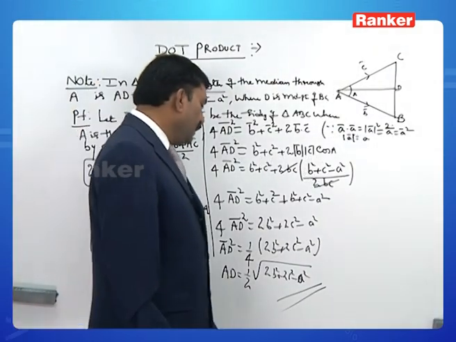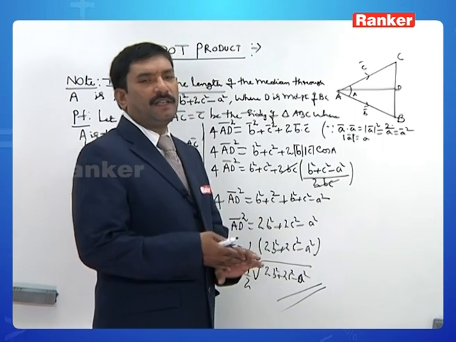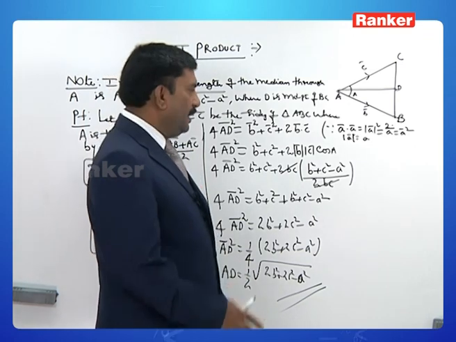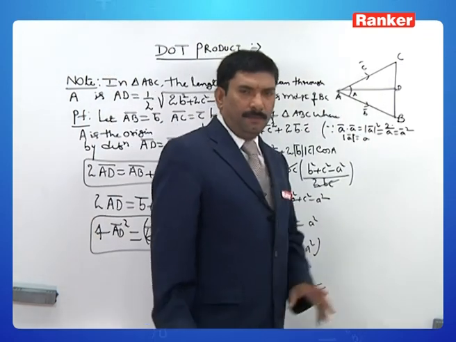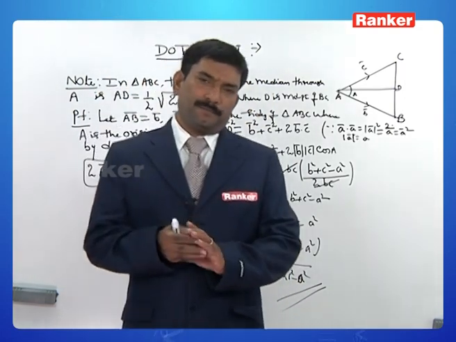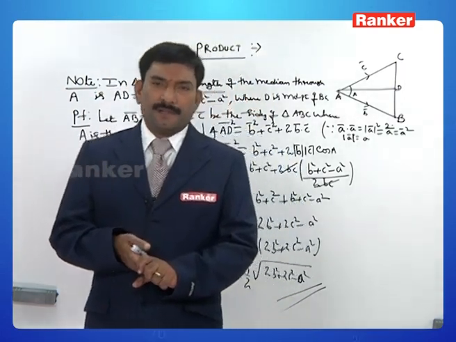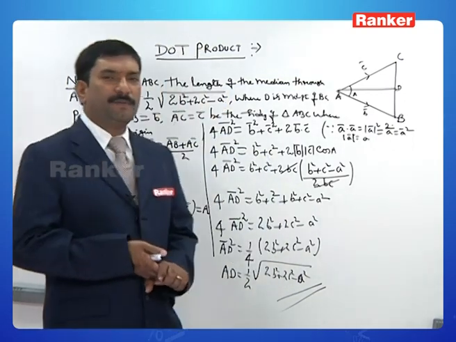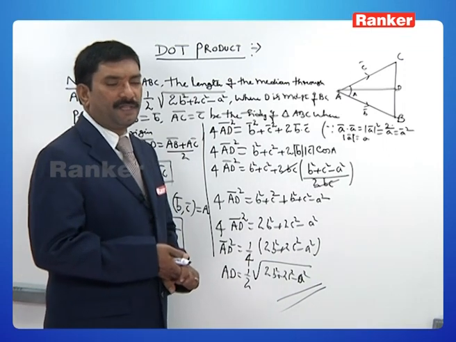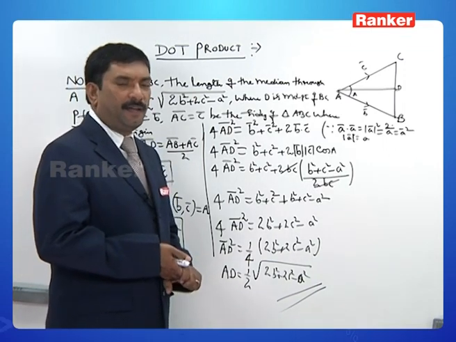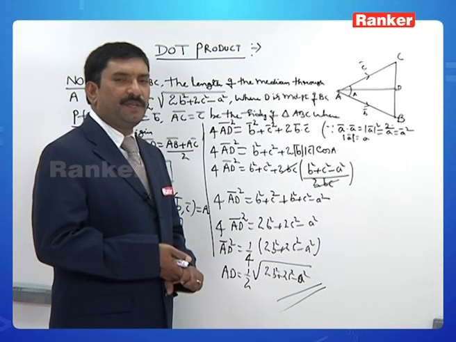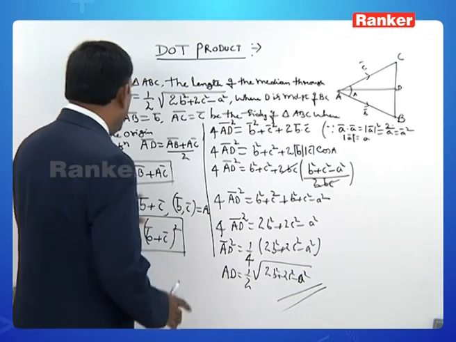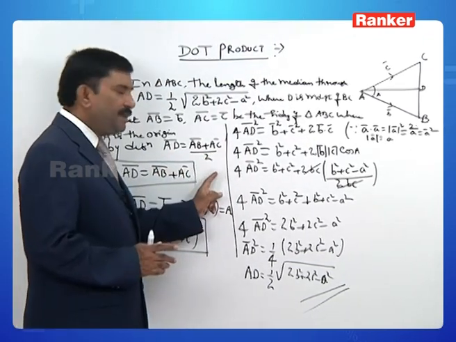Remember, this is the length of the median through A. Once again, in a triangle ABC, take A as the origin. Let AB bar equal to b bar and AC bar equal to c bar be two vectors representing the two sides, and the angle between them is A. By using the median property, AD bar is equal to AB bar plus AC bar by 2.